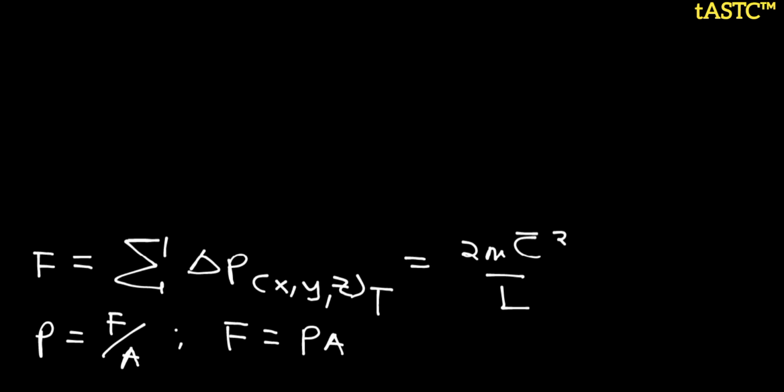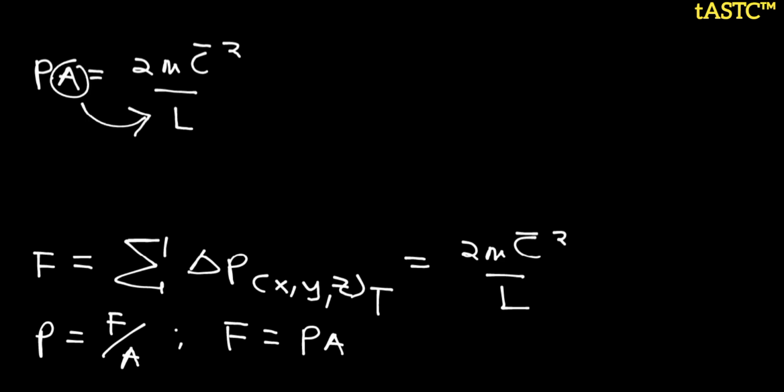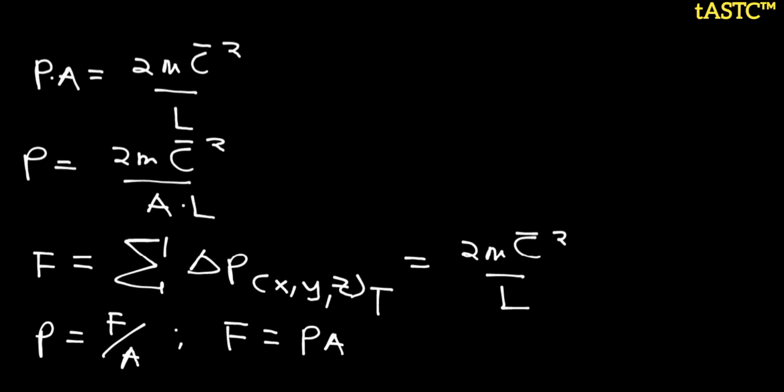So that means we have the force be equal to P multiplied by A, and this is equal to 2m c bar squared divided by L. Now I can take this to this side, and this is going to be P is equal to m c bar squared divided by A multiplied by L.